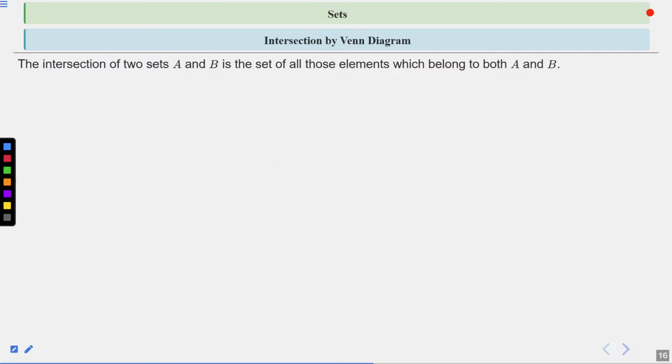Now, intersection by Venn diagram, simple.